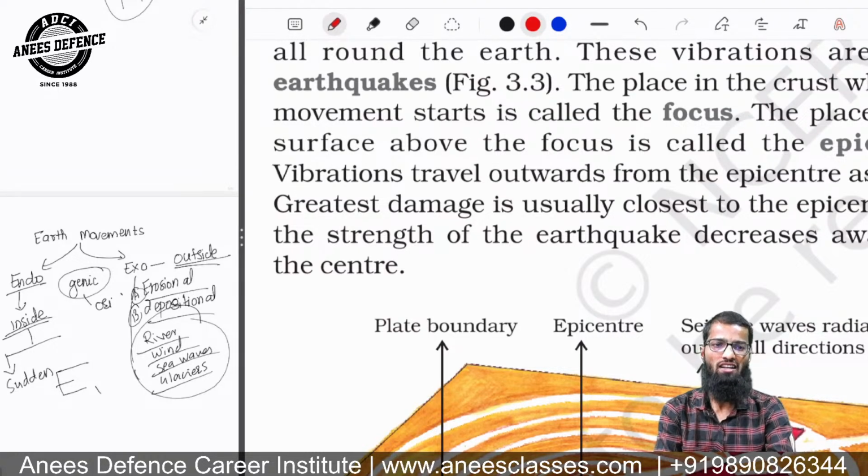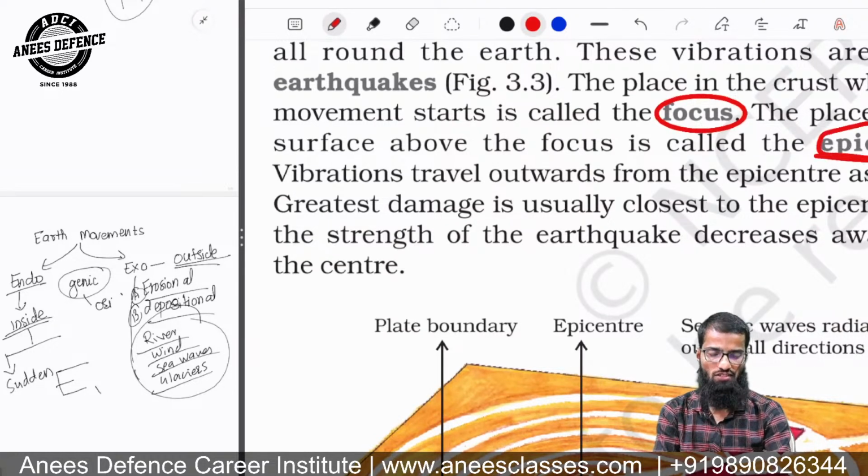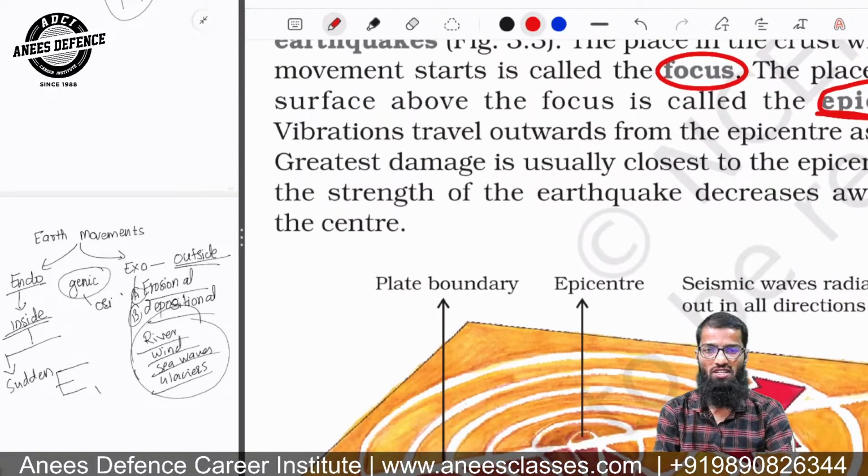Remember, these two words are different, and you must pay close attention, because the statement can lead you to confusion. The vibrations travel through the epicenter.